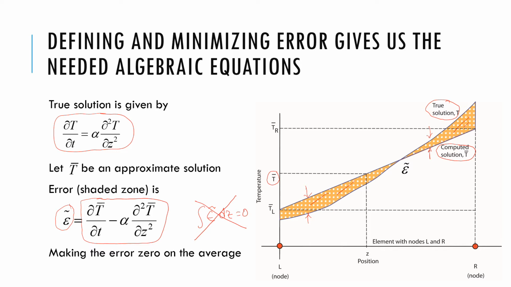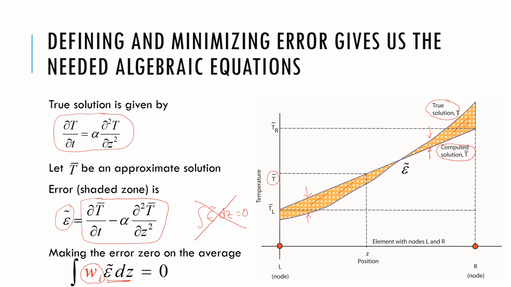It will give 0, but there will actually be a lot of error. Instead, we use this weighted average. So the weighted average looks something like this. So instead of just epsilon tilde dz, we multiply by these weights.